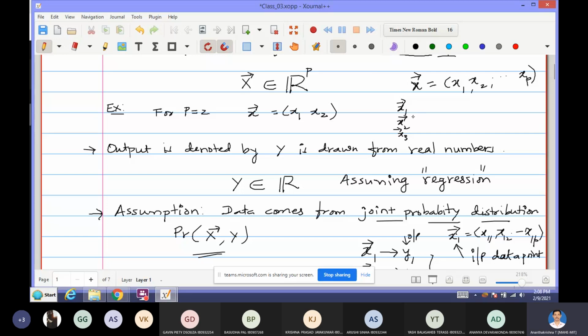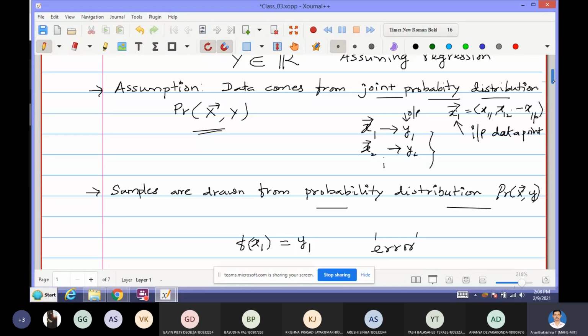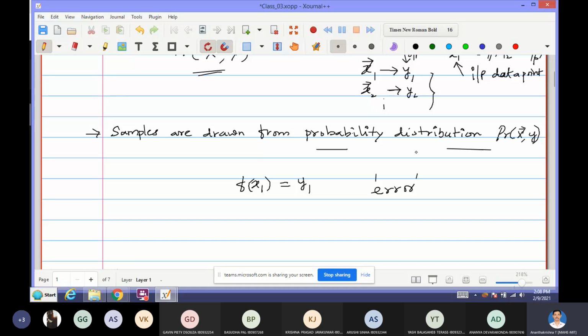Okay, so in a training data, so if you think of a training data, what is given to us is a pair of x and y. It's something like this. For vector x1, there is a corresponding y1. Y1 is the output. For x2, there is a corresponding y2, and so on.